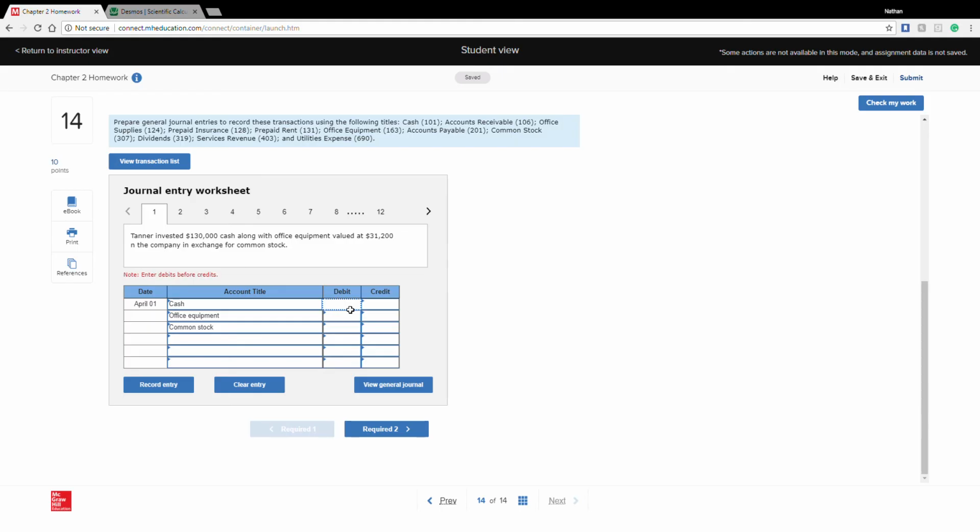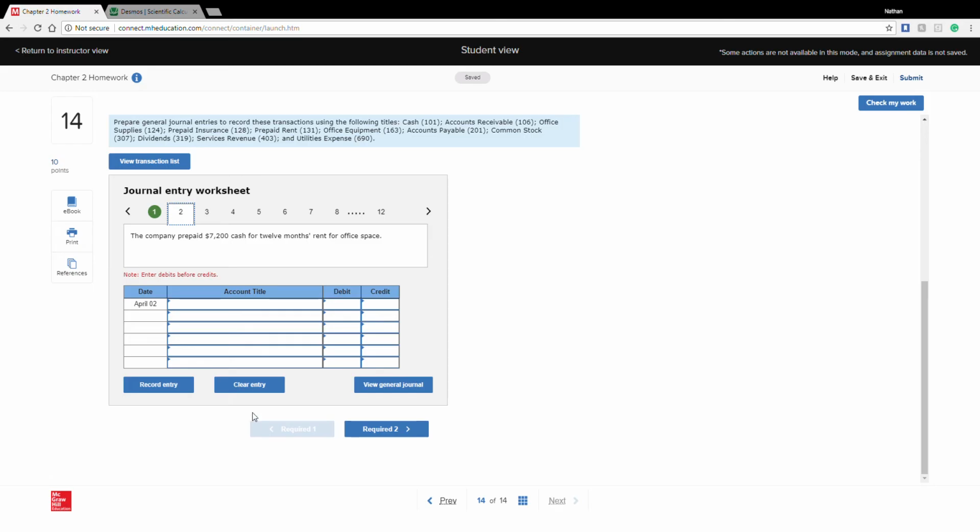Just like a repeat from the previous problems, if you need to go back to those, you're more than welcome to, and see how they worked, especially with this journal entry. So again, add these two together. That'll be my common stock.